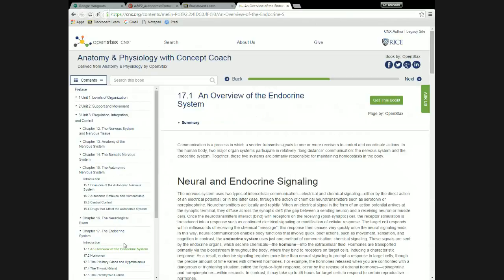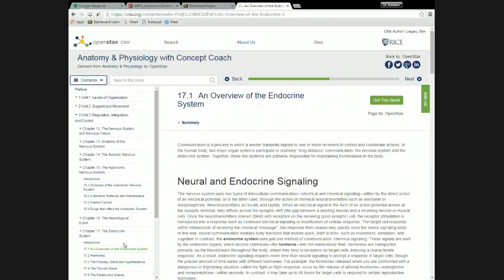As I was finishing up the autonomic system stuff, I just hit the next button in the book, which took me to the next chapter, which is the neurological exam. That's something I use in AP1. Chapter 15 was the autonomic system.